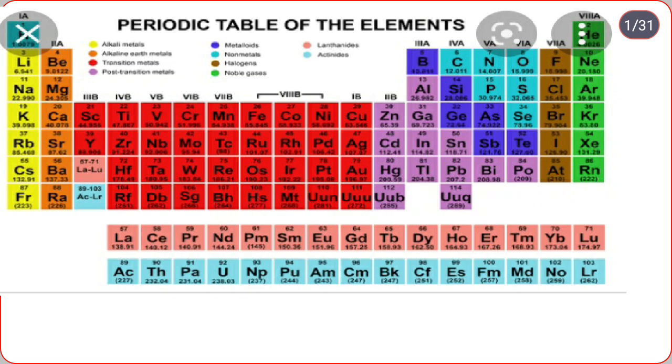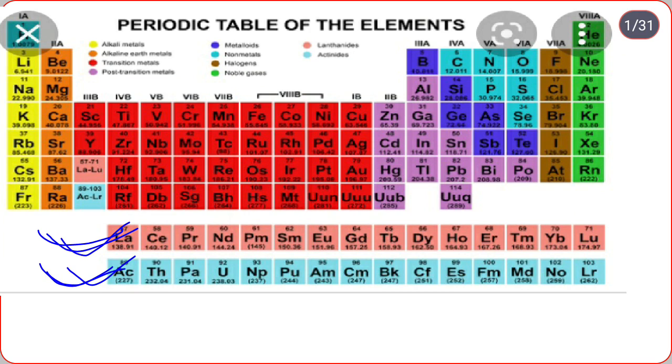At the bottom of the periodic table, f block elements are present. It consists of two series, the lanthanide series and the actinide series.